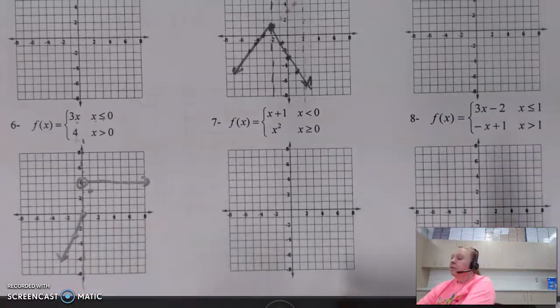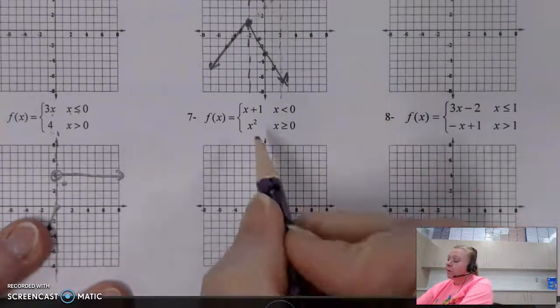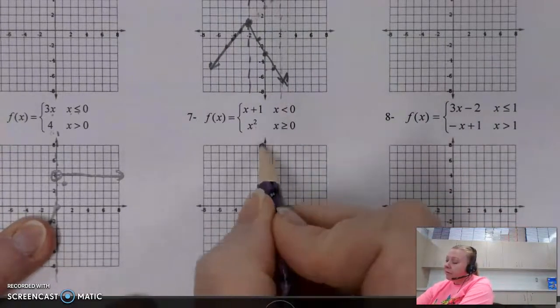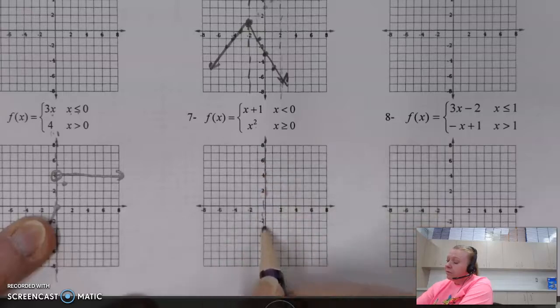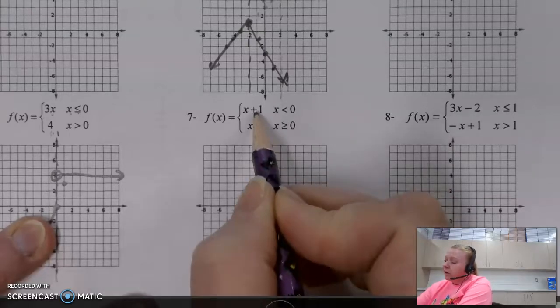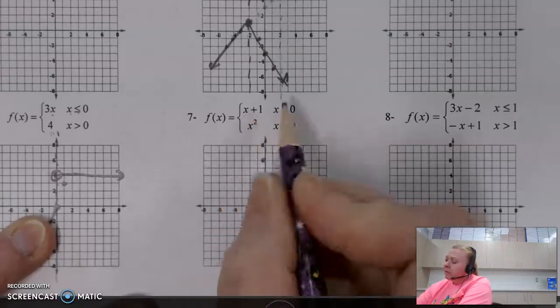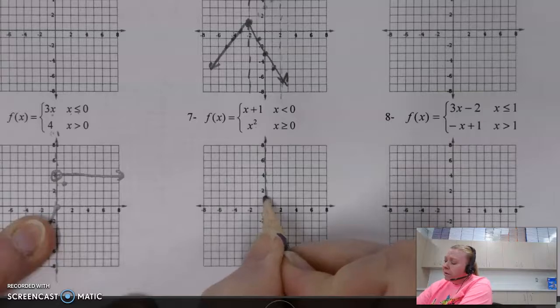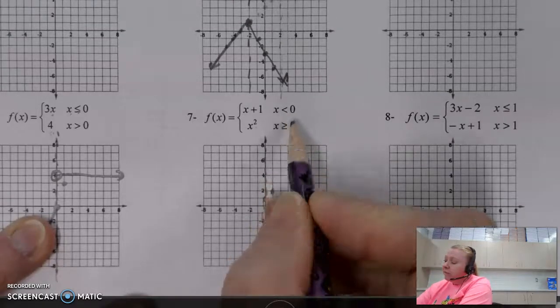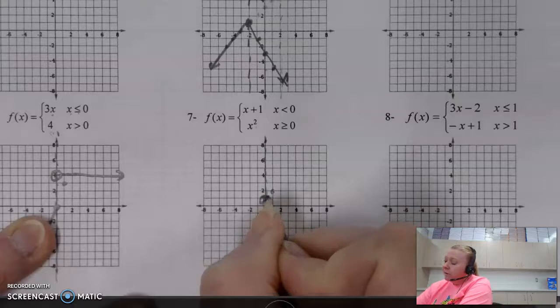Okay, let's take a look at number 7 so I can practice with a parabola. At 0 is my special spot. Y equals mx plus b, so I go up to 1, up 1 over 1. It says keep the points to the left and have an open dot.